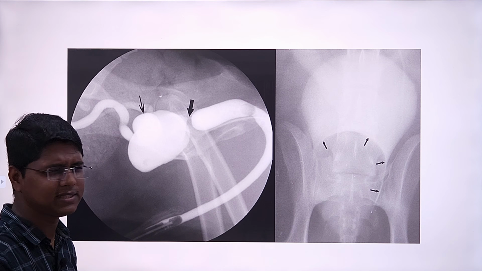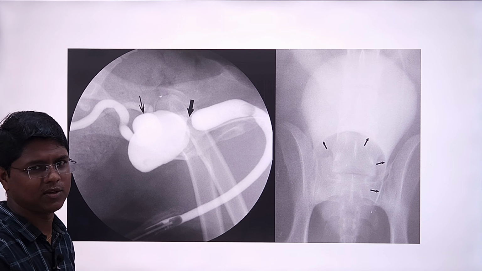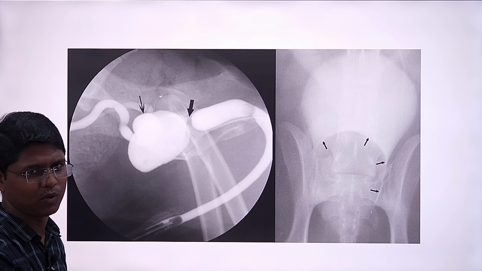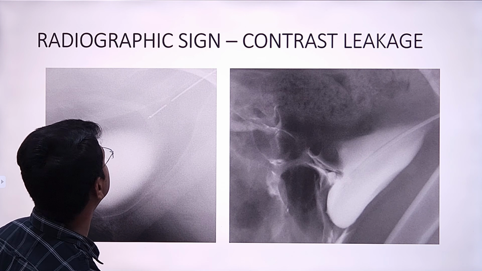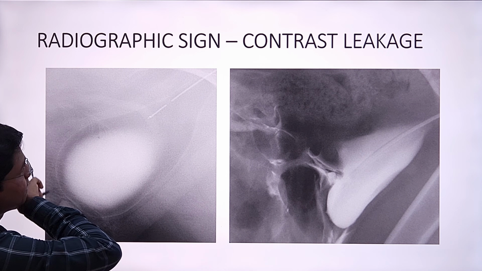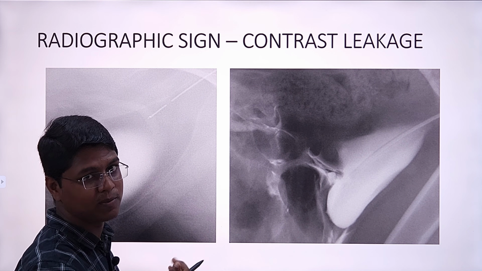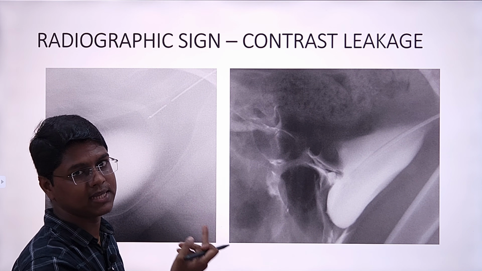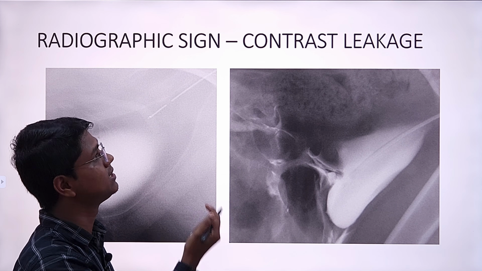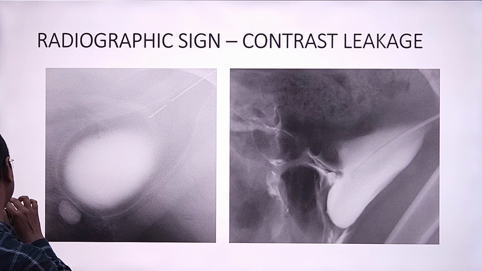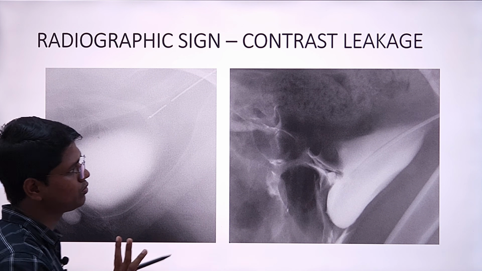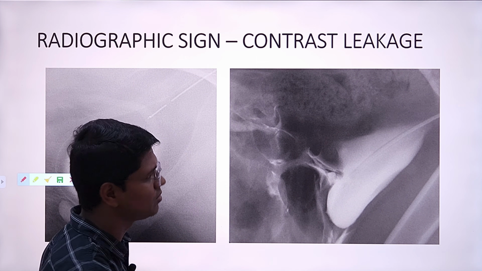You may not find these cases in your clinics or in your departments, but you should know that these types of cases can be there. Next, the radiographic signs. I told you about three: the mucosal change, the intramural change, and also the filling defect. This is the fourth one, that is contrast leakage. The contrast can be leaked into three spaces, you can say.